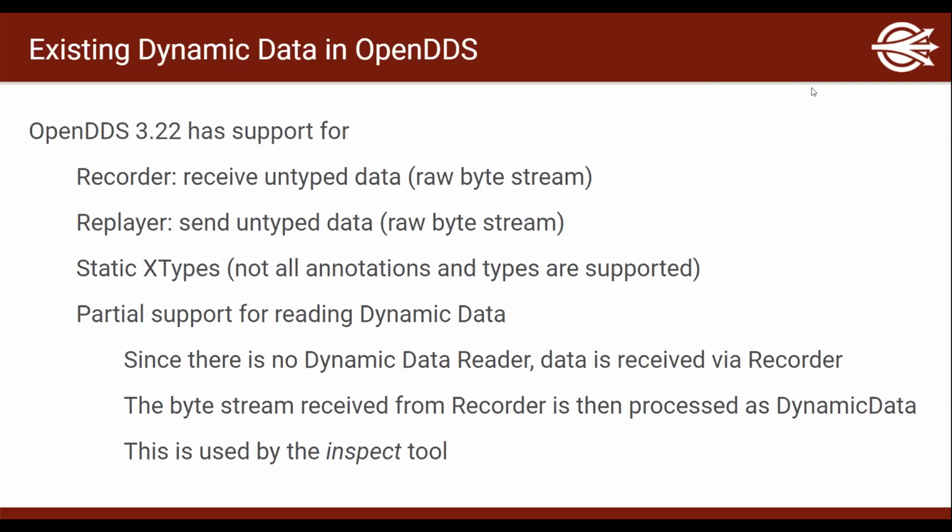Right now that is used by the inspect tool, which allows you to specify a type and a topic, and it will listen to it and print out the samples it sees. There are a lot of tools to do that, but this specifically uses the dynamic data.